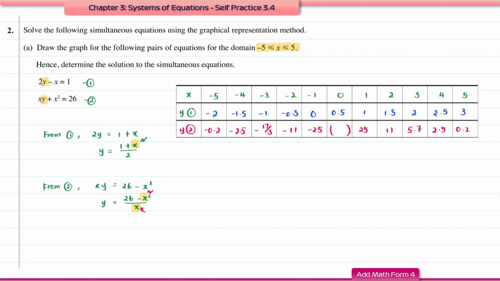If you notice, I'm going to leave this one empty, because if you substitute x with zero, it is actually undefined.